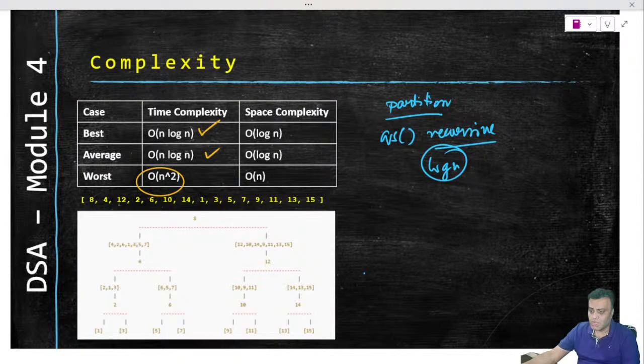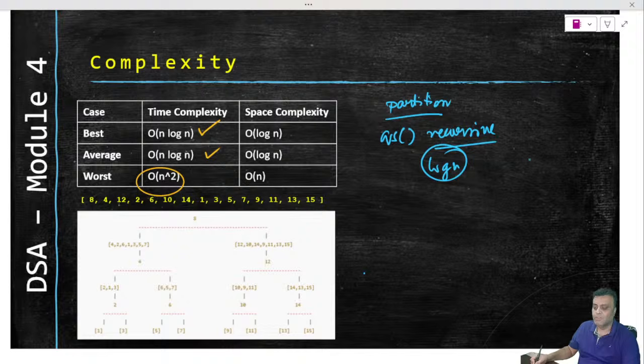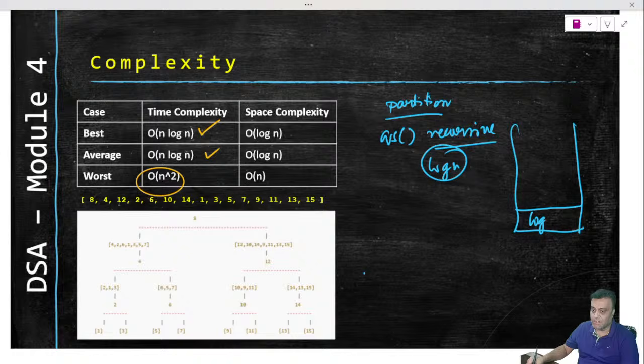So we are calling quicksort log n times in a recursive manner, and therefore the recursion stack, first time it will be called with some parameters. Second time again quicksort will be called with some parameters.